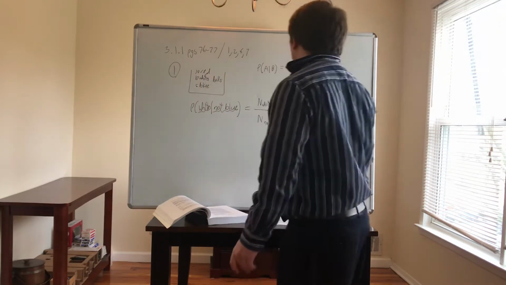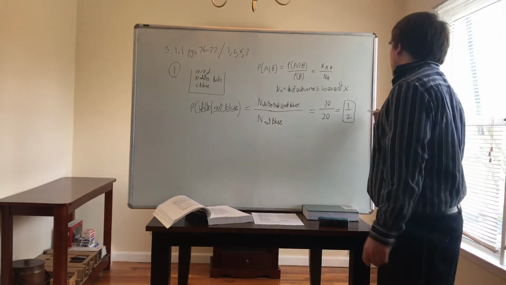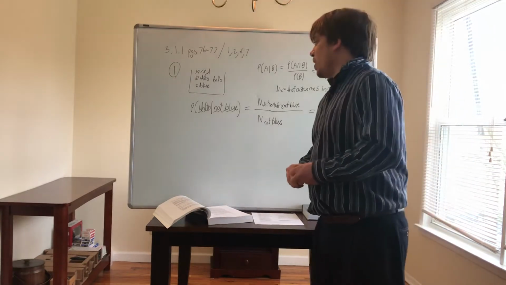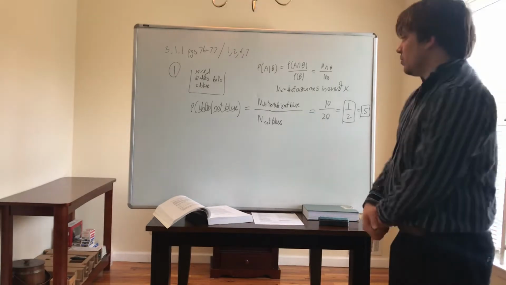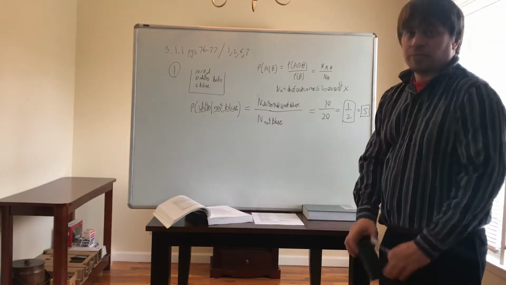There are 20 that are not blue. So 10 over 20, that's 1/2, or 0.5. So 0.5 is the probability of choosing a white ball given that you did not choose a blue one. And that's the answer to number 1 in this section.